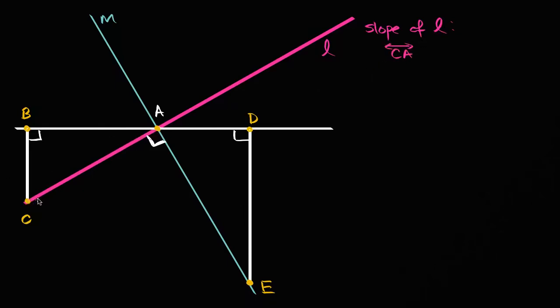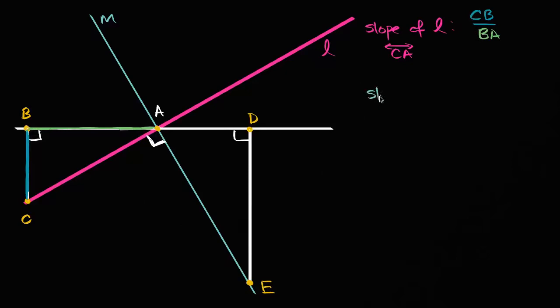And so to find the slope, that's change in y over change in x. So our change in y is going to be the length of segment CB. That is our change in y. So it is CB over our change in x, which is the length of segment BA right over here. So that is CB over BA.